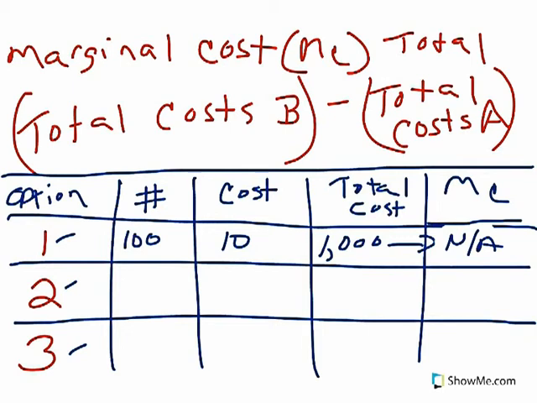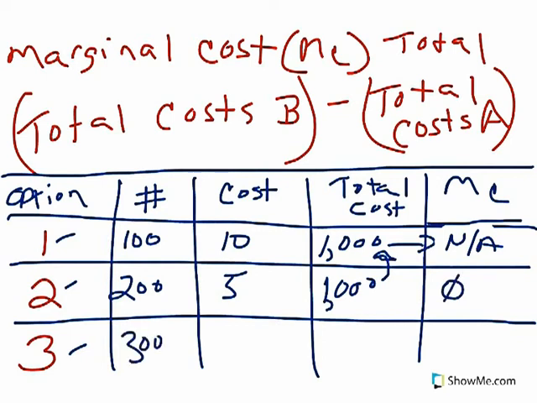So let's look at option 2. Option 2 doubles the production run to 200, halves the cost per unit, which is $1,000 total. Our marginal cost here is simply the total cost in option 2 minus the total cost in option 1, which in this case would be 0.